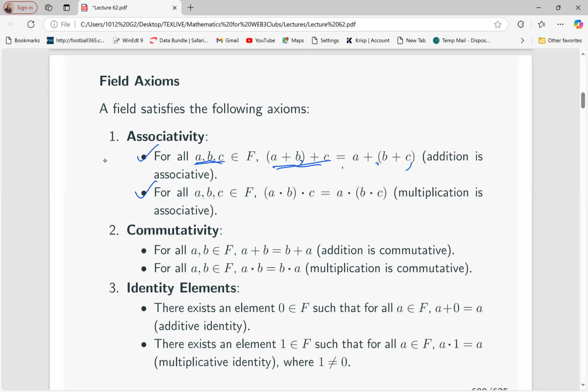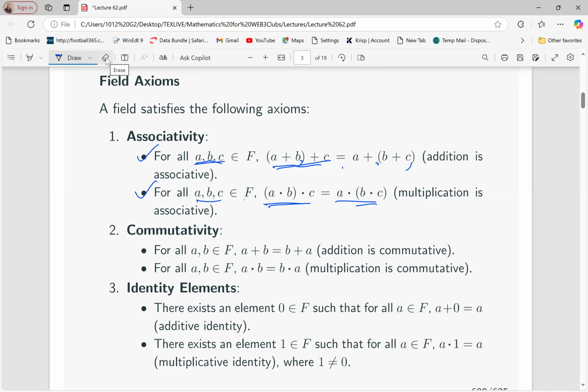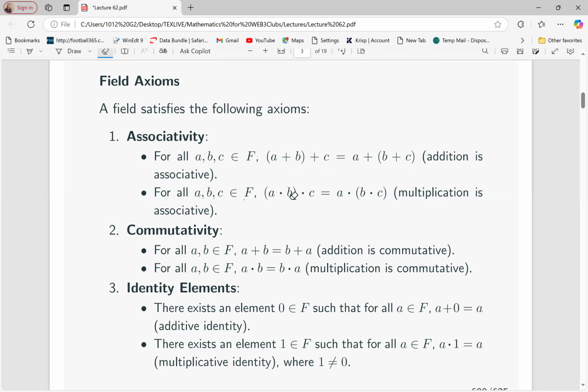Under multiplication, again, you pick any three elements A, B, and C from F, and these two products must be equal, just by changing the position of the bracket. That is what we call associativity. So if F is to be a field, it must be associative both under addition and under multiplication.